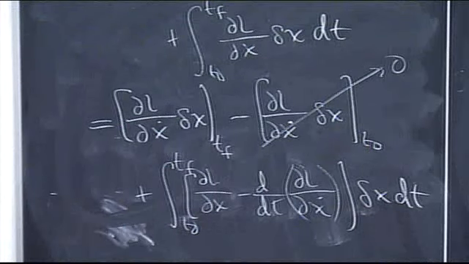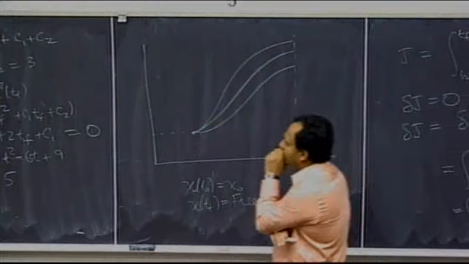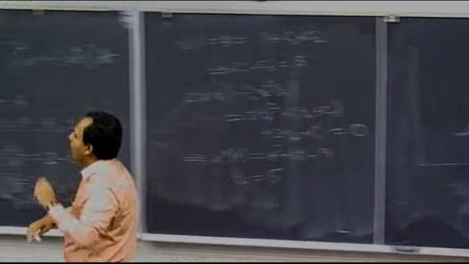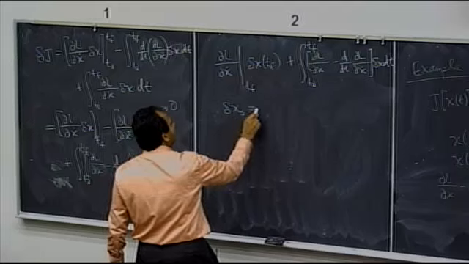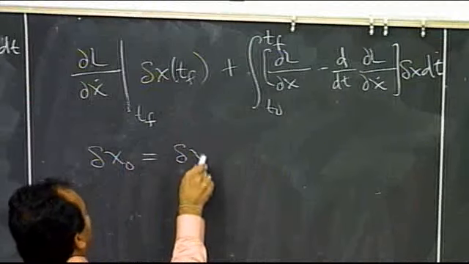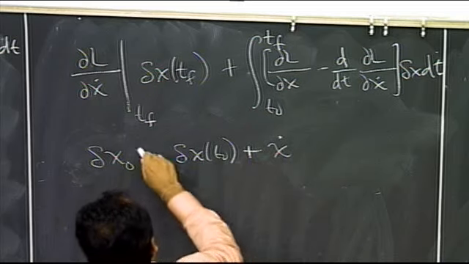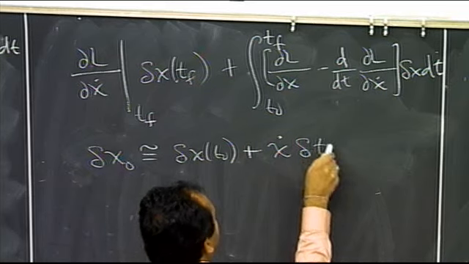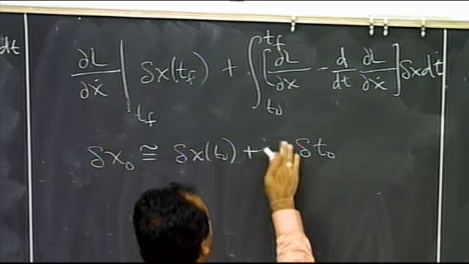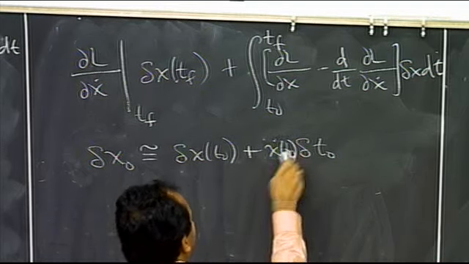Now, what's going on at the endpoint here? Let's look and see what's going on at the endpoint. I know that the variation in x0 is approximately equal to the variation in x at t0 plus x dot at t0 times the variation in t0, right?